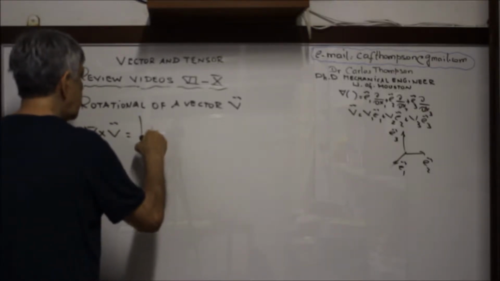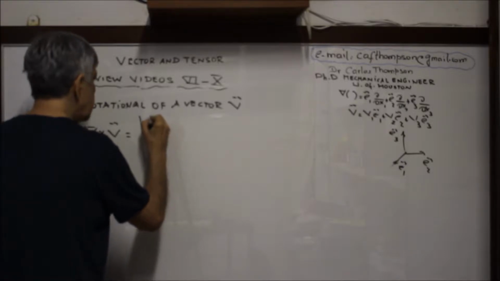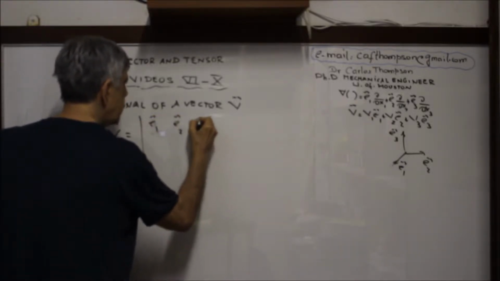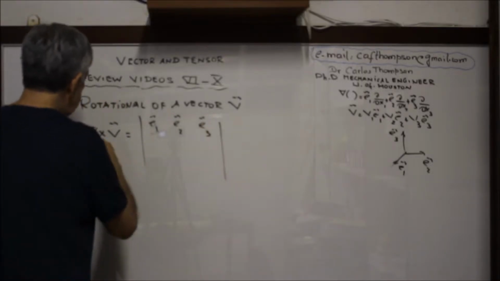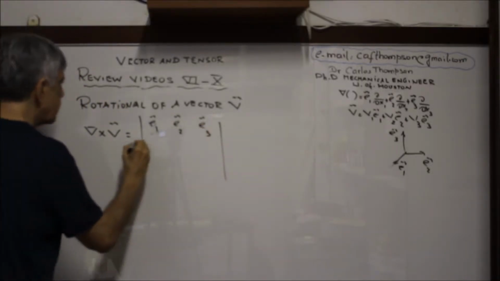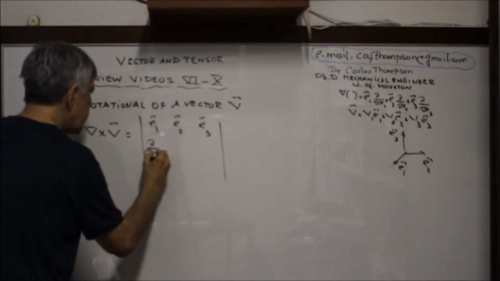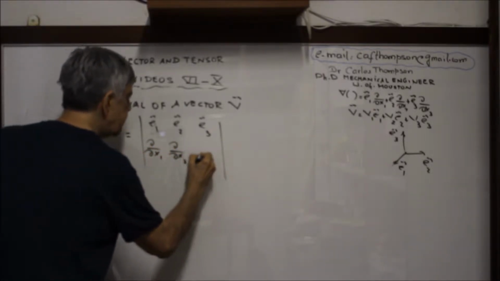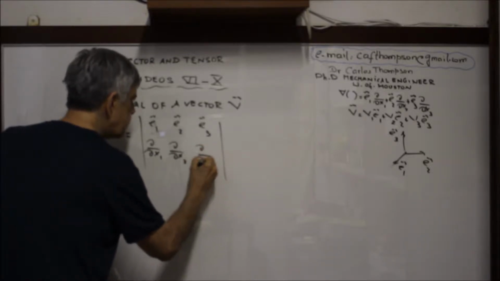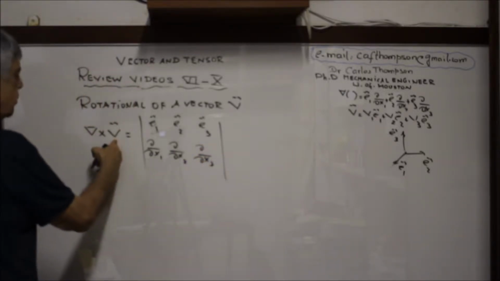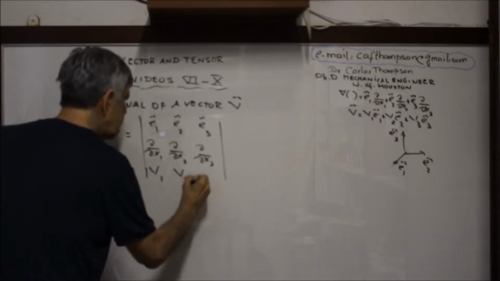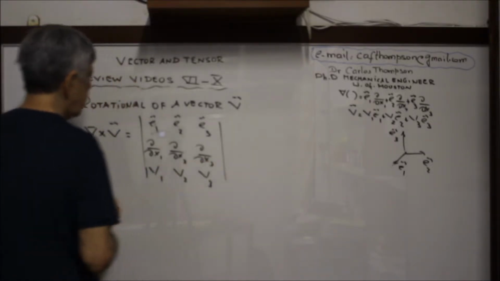Let's put E1, E2, E3. Now, here the components of this pseudo vector over here, partial with respect to x1, partial with respect to x2, and partial derivative with respect to x3. And now the components will be v1, v2, and v3.